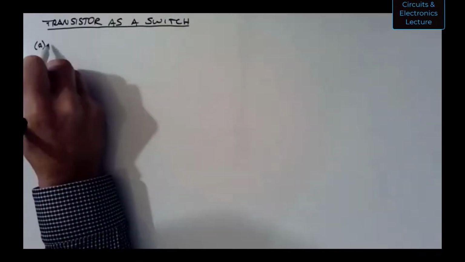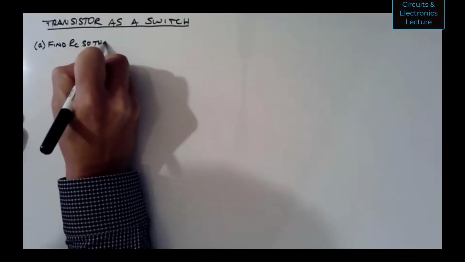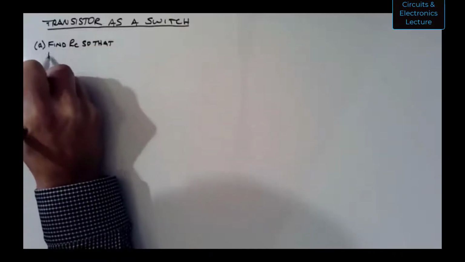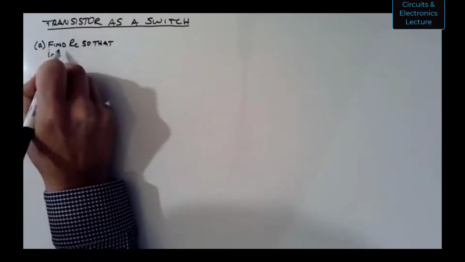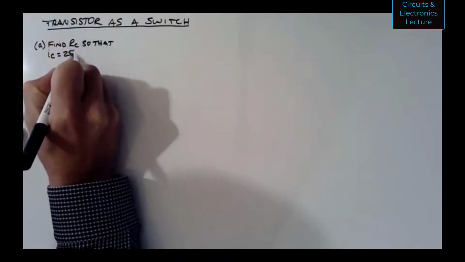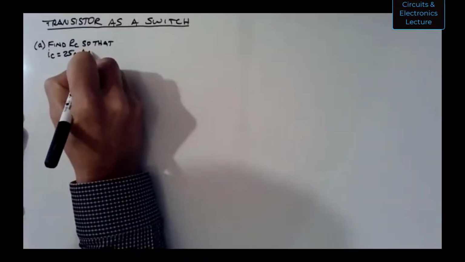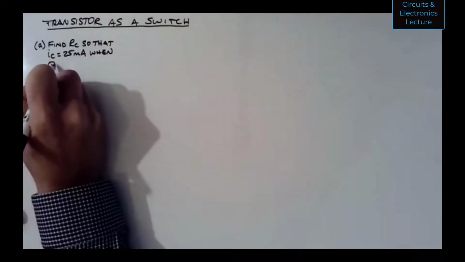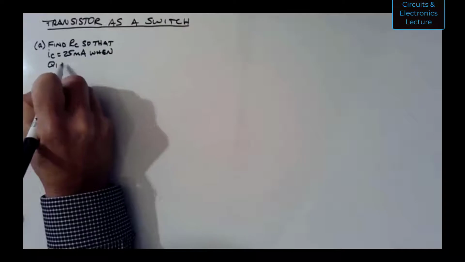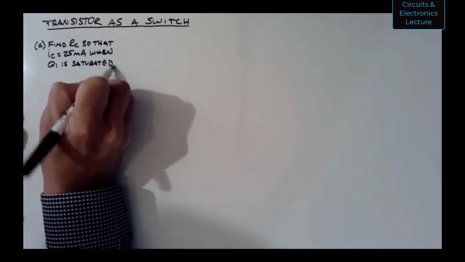We're going to find a collector resistor so that IC equals 25 milliamps when Q1, the transistor, is saturated.